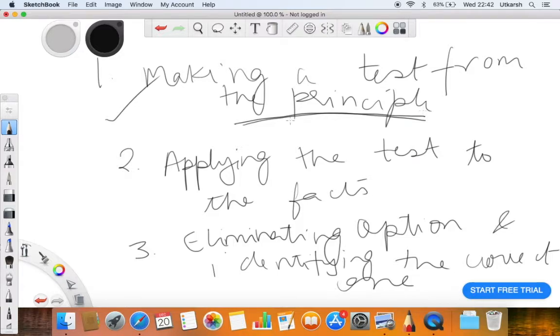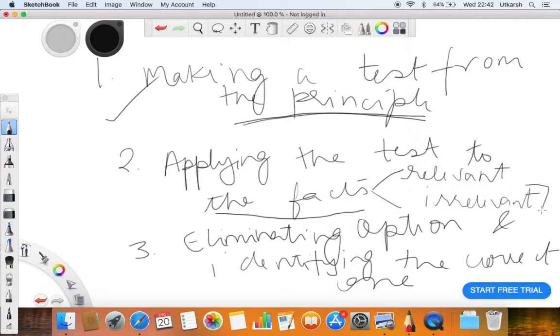Once you make it a test, you apply that test to the facts, and then you filter them into relevant facts and irrelevant facts. Once you filter out the irrelevant facts and identify the relevant facts, you apply the test.